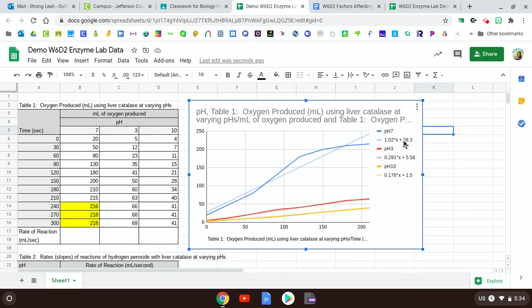And y is whatever y number you put in, and x is whatever seconds you put in. But the real important one here is the number attached to the x. That's your rate. So 1.02 times x. 1.02 is the rate.